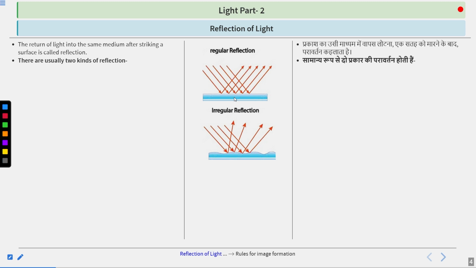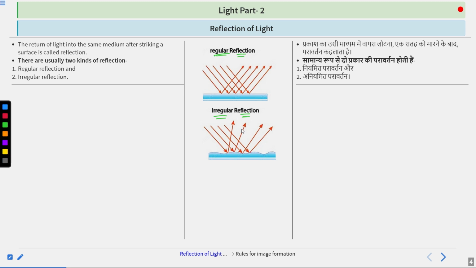There are usually two kinds of reflection that we consider: regular reflection and irregular reflection. Here you can say this is the regular reflection, this is an irregular reflection. So this is the further division of reflection. Like if we talk about optics, what is optics? Optics is a branch of physics that studies light, its phenomena, and its other aspects, right?